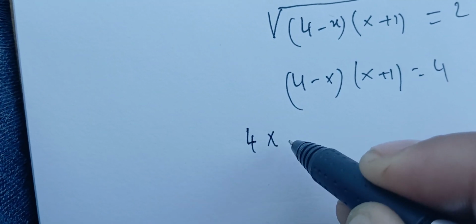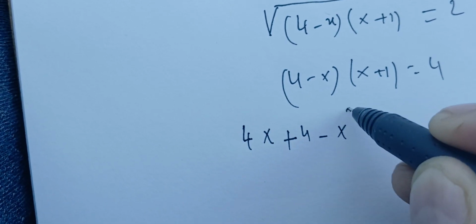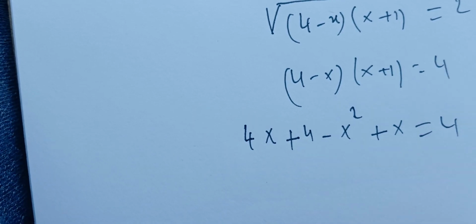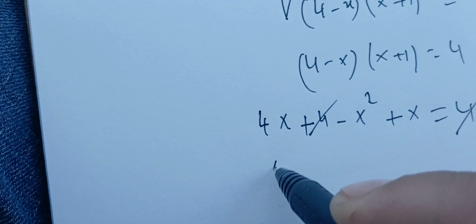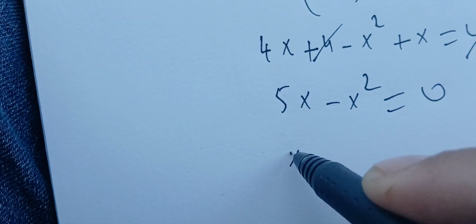Now let's expand this one. We're gonna have 4x plus 4 minus x squared minus x equals 4. Sorry, it's a minus x here. So I have 3x here. So 3x minus x squared equals 0.